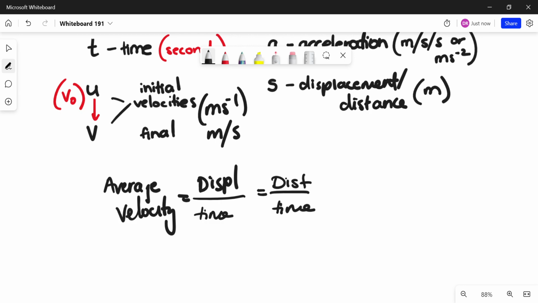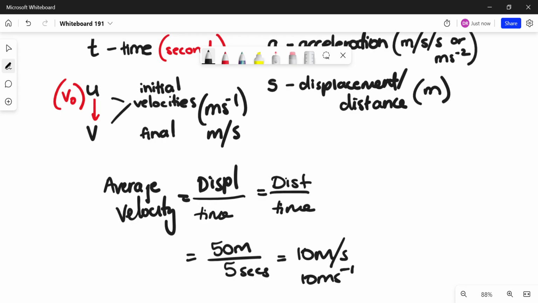I'll get stuck into what the difference between distance and displacement is in the next video. So for example, if I travel 50 meters and I do it in a time of 5 seconds, that would be an average velocity of 10 meters per second, or 10 m/s^-1.